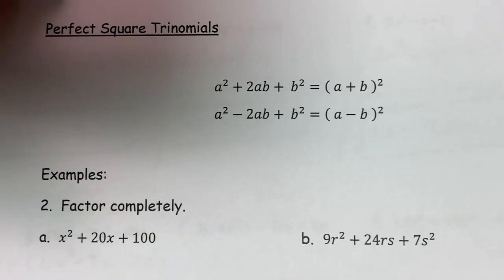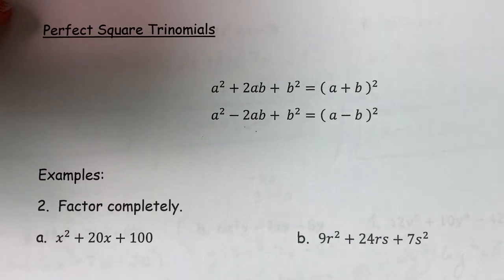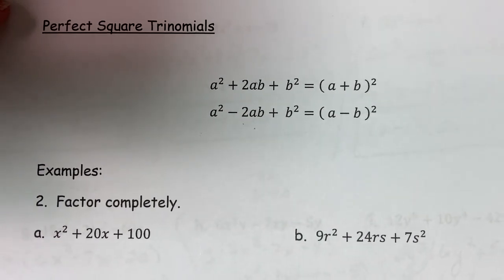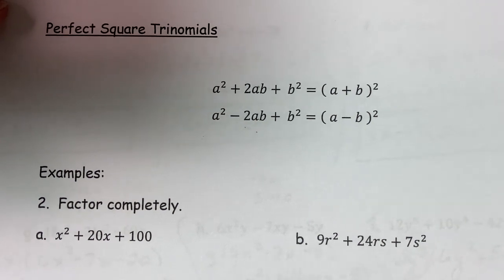All right. We've got more. Let's talk about perfect square trinomials. You might remember, these hopefully look familiar. You might remember when we were back in chapter 5, and when we were squaring a binomial, I showed you a shortcut. And this was the shortcut.